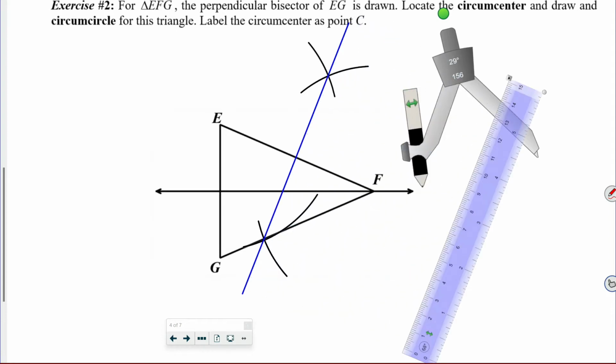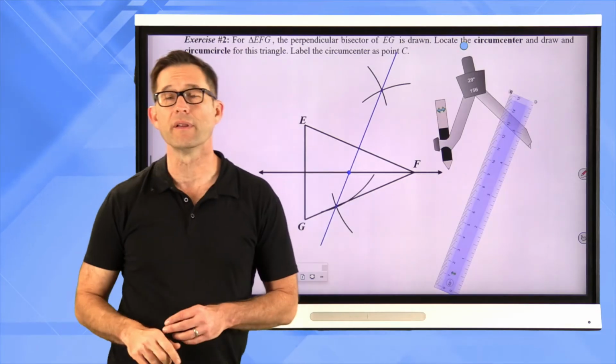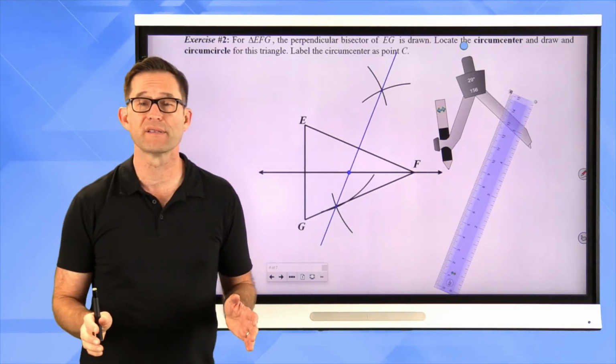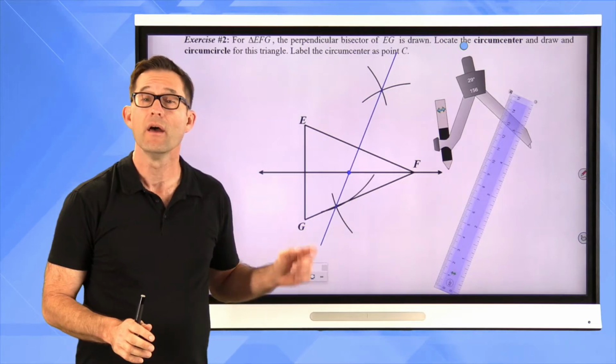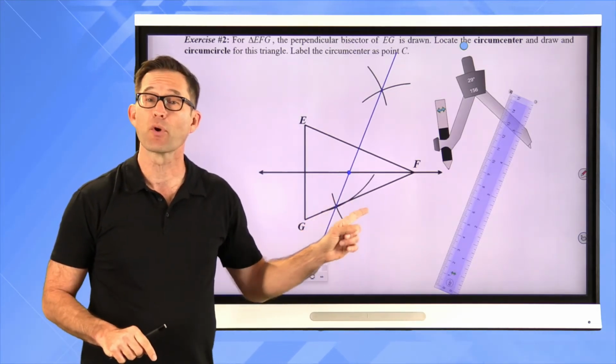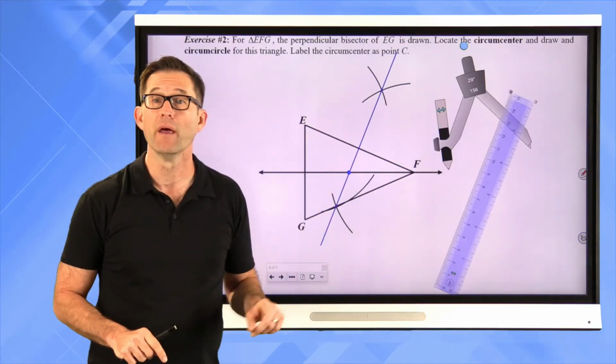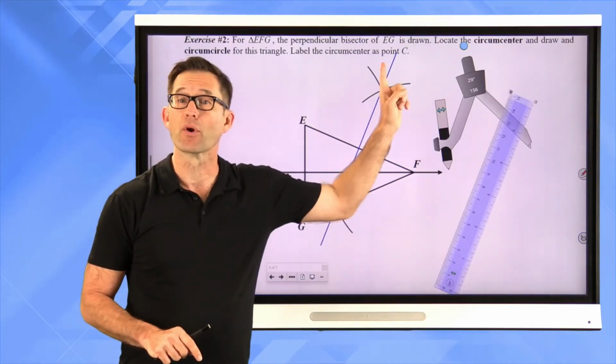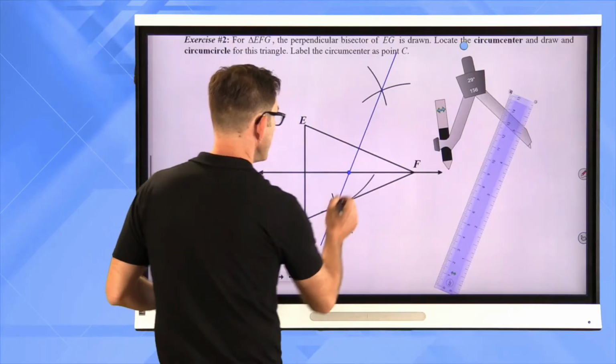Now, just wanted to mention again, I could definitely construct the perpendicular bisector of segment FG. But because this is a point of concurrency, that perpendicular bisector would go right through it. So that's our circumcenter, and we're going to label it as point C.